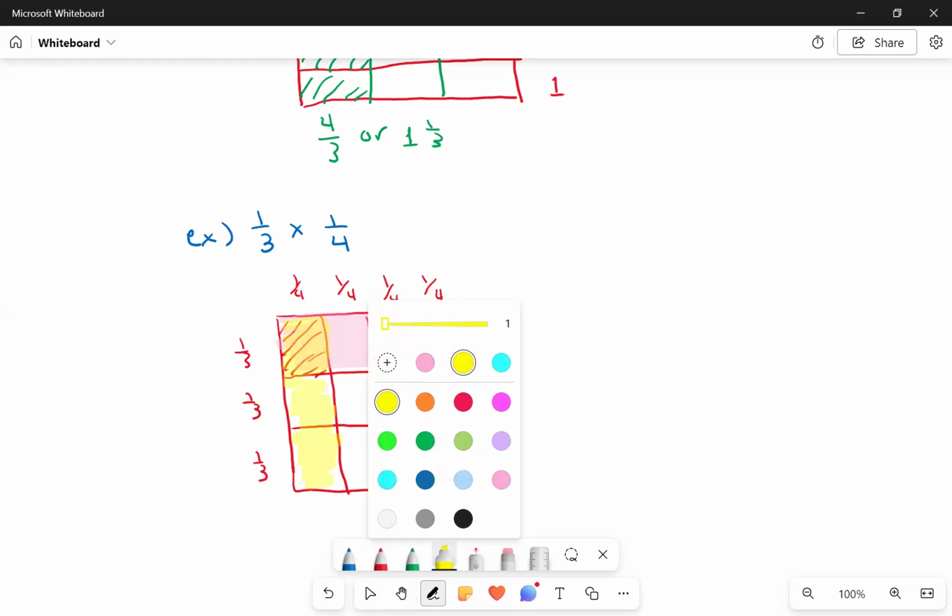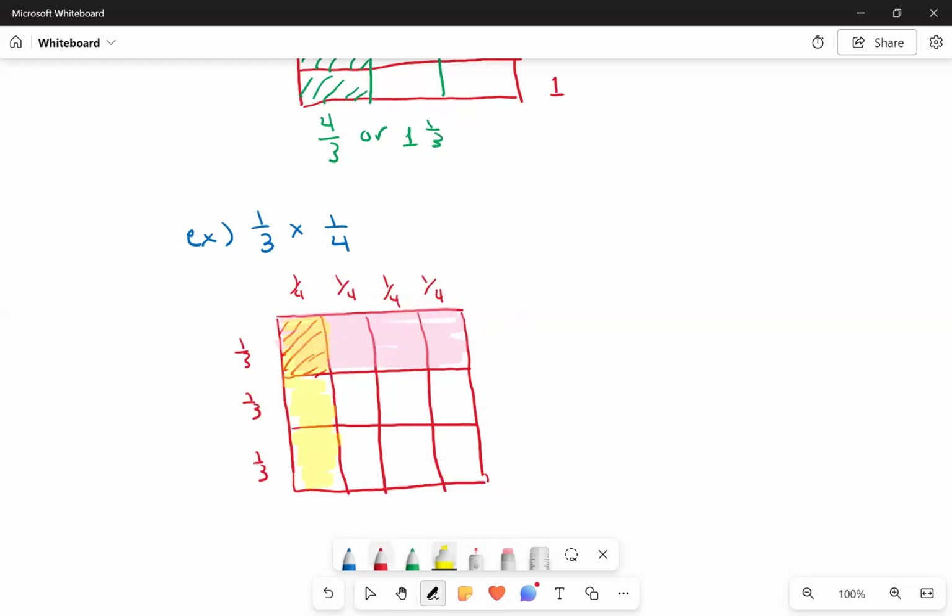Sorry, should have gotten rid of that. The double shaded region right here, where the two highlights overlap, represents 1/12 of the entire rectangle. Actually, I don't know why I didn't do it in green and write it up here, since it divided the rectangle up into 12 pieces. So that's the visualization for multiplying two fractions.